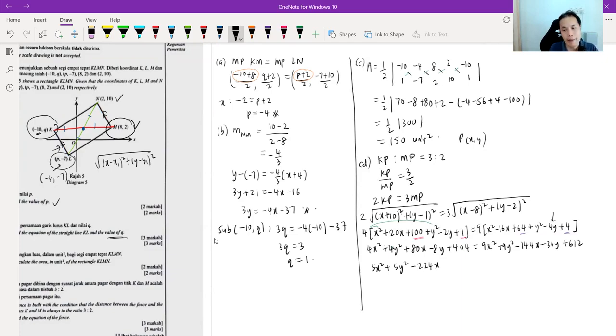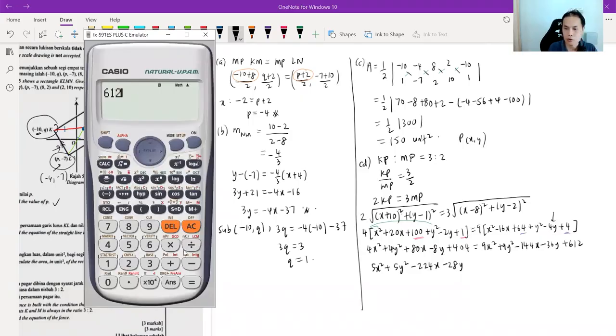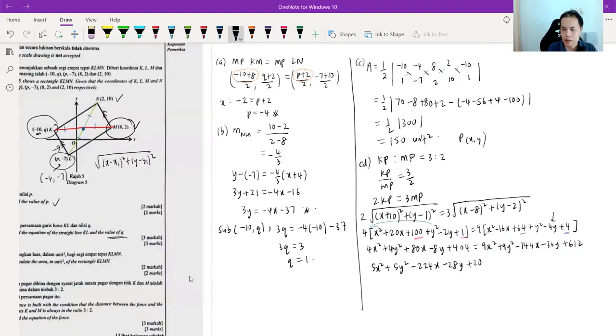All right. And then minus 36 plus 8 is minus 28y. And lastly, 612 minus 404, you get 208. There you go. That is your equation of locus, representing the fence.